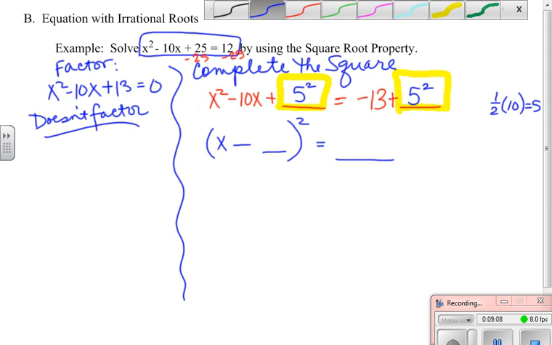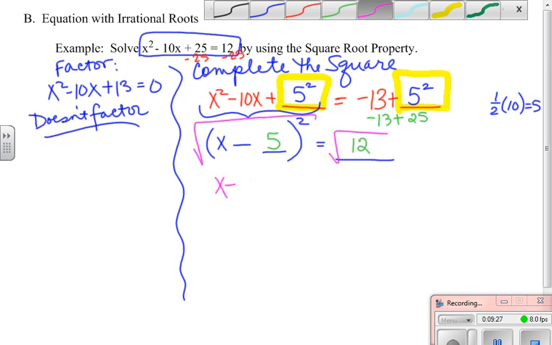So now this has automatically become x minus 5, the quantity squared, is equal to negative 13 plus 25, which is 12. Now I can go ahead and take the square root of both sides.